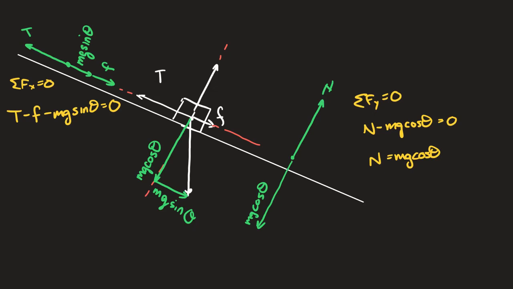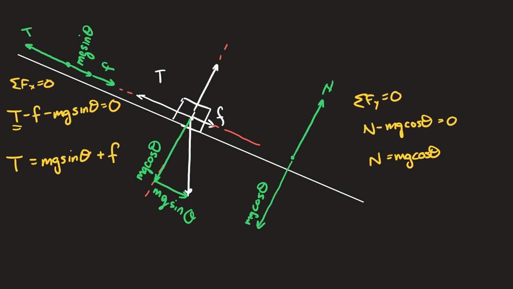What force do I need to exert on a rope? Okay, they want the tension. That's what they want. I will only be able to give them the tension if I solve for T. So T equals mg sine theta plus friction. I can solve this if I have mg, theta, and friction. I have mg and theta. I don't have friction.